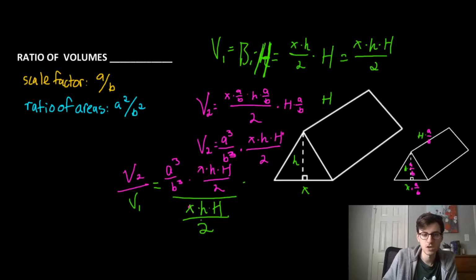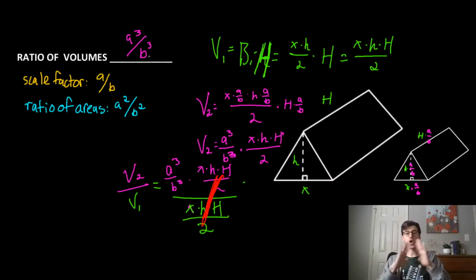And so these two pieces right here cancel out, leaving me with a ratio of volumes of a cubed over b cubed. And that's all based on using a scale factor of a to b.